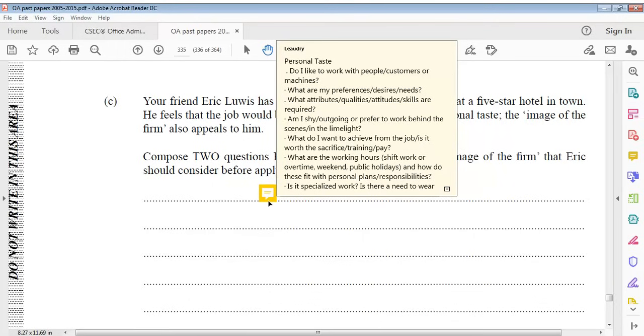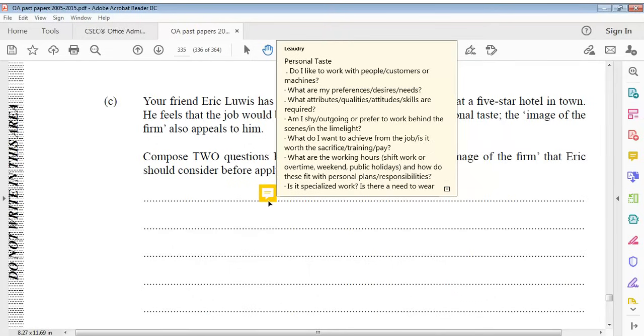Here are some questions. One, he would ask himself, do I like to work with people or customers or machines? Two, what are my preferences, desires, or needs? Three, what attributes or qualities or attitudes or skills are required?